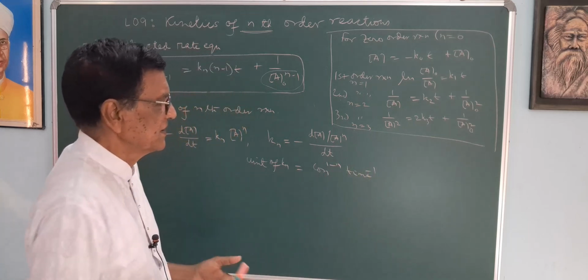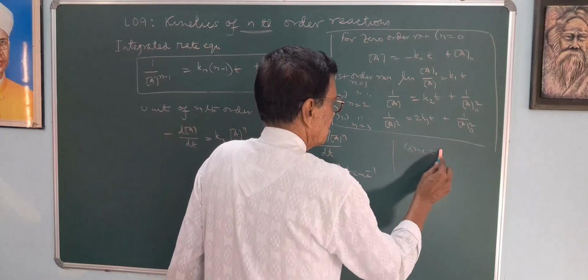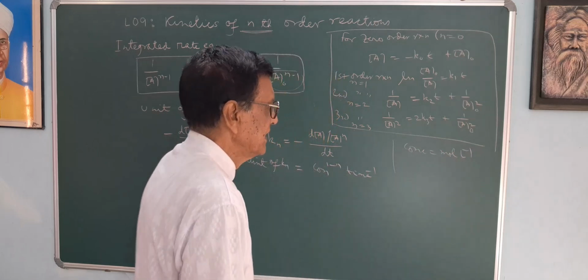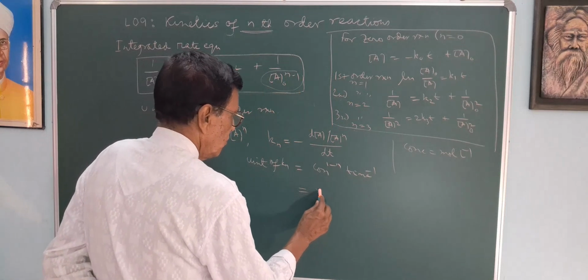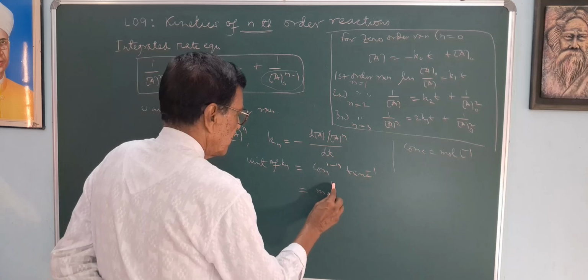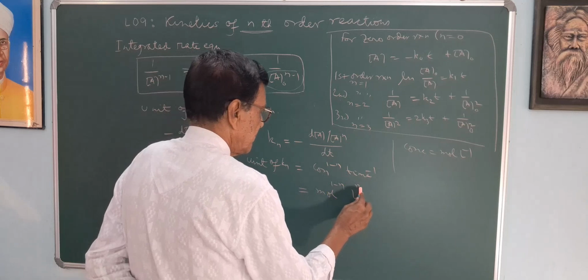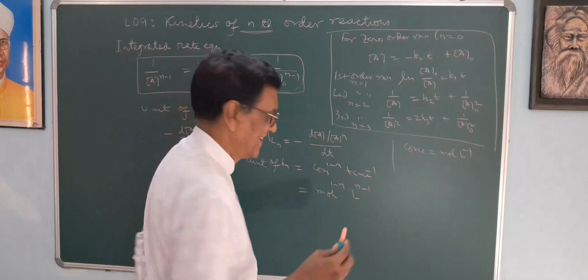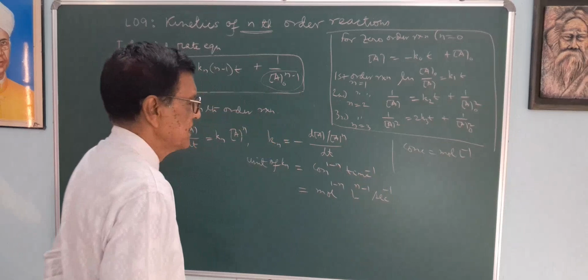If you take concentration as moles per liter, concentration equal to mole liter inverse, then the unit will be mole to the power 1 minus n, liter to the power n minus 1, and second inverse.